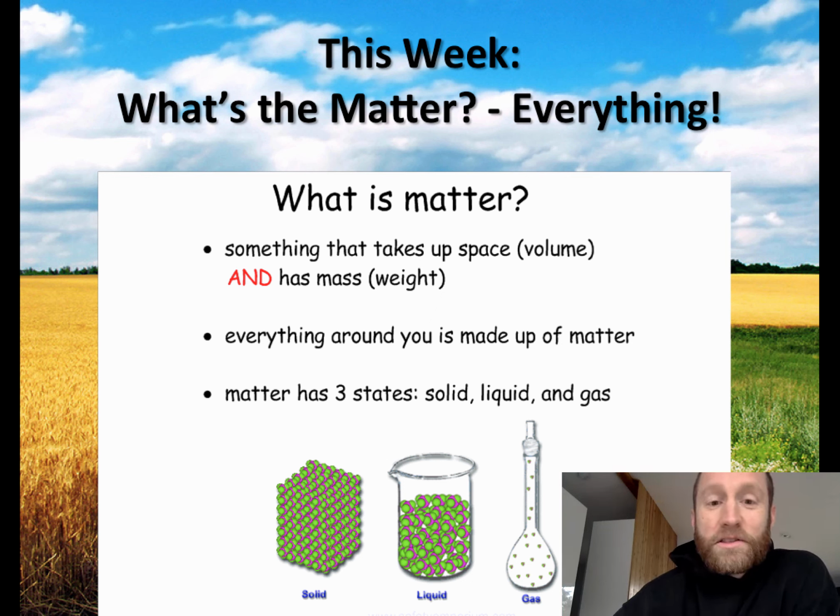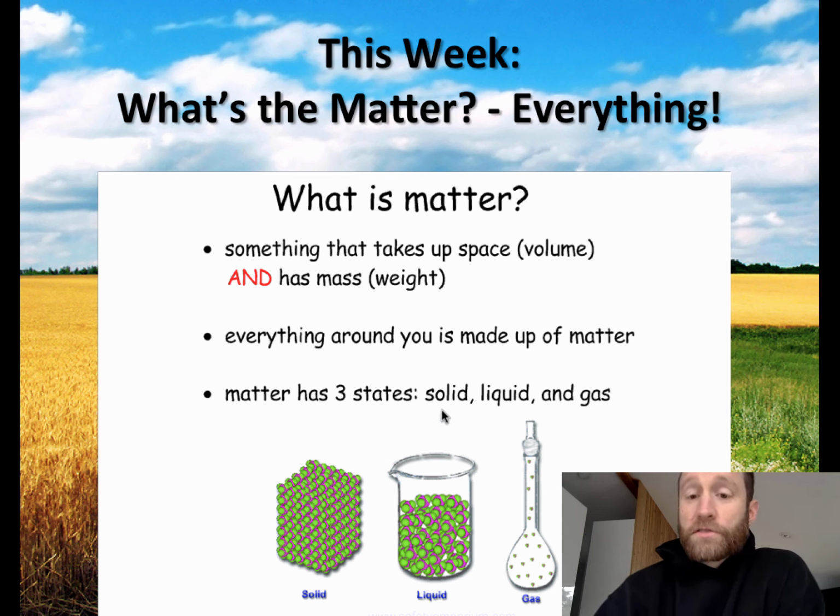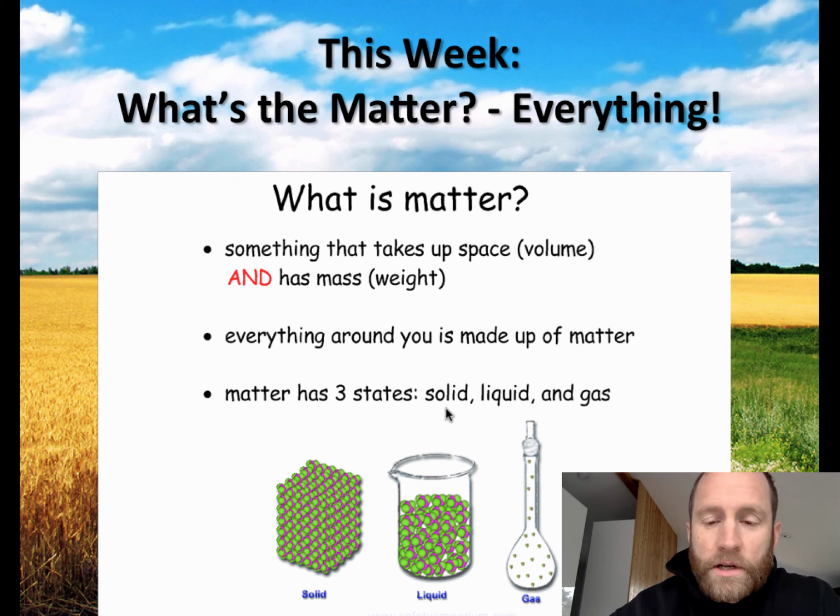Is there anything you can think of that does not take up space and have mass? Because everything around you that you can see and touch and feel is made up of matter. Matter has three states, solid, liquid, and gas.